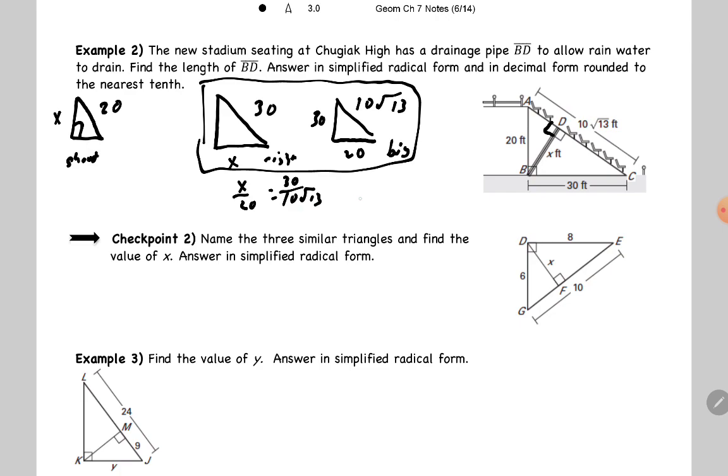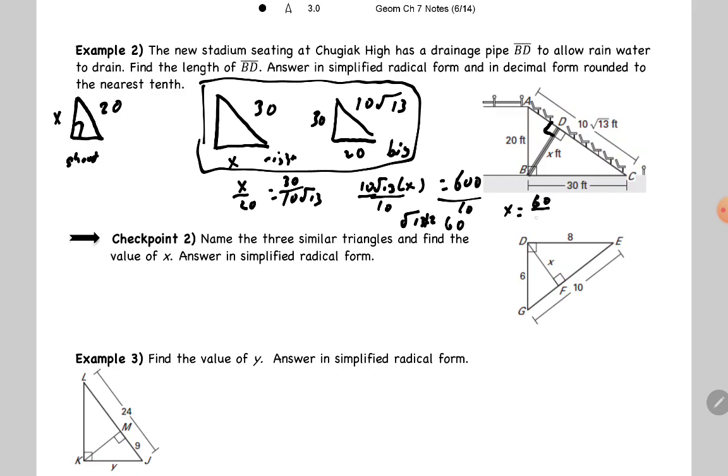So we're going to cross multiply. I'll get 10 root 13 times x equals 600. Okay, I'm going to divide by 10 first to get root 13 times x equals 60. And then divide by square root of 13.